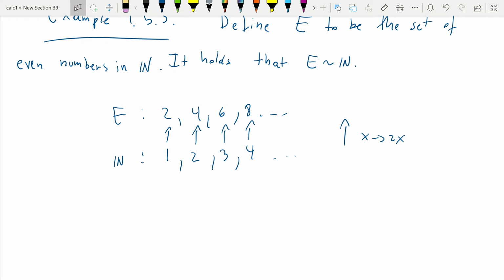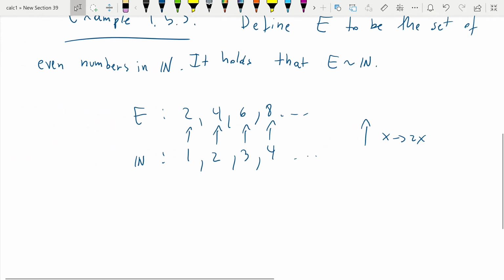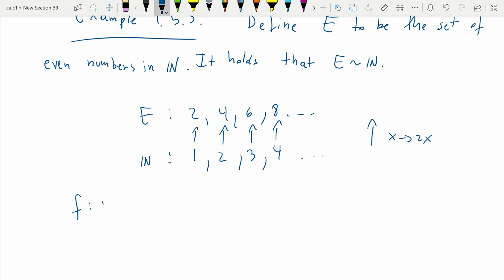Okay, again, keep in mind that not all the time will you be able to find a closed expression like this. So here the function f from N to E, which associates to n the value 2n, is a one-to-one and onto mapping.